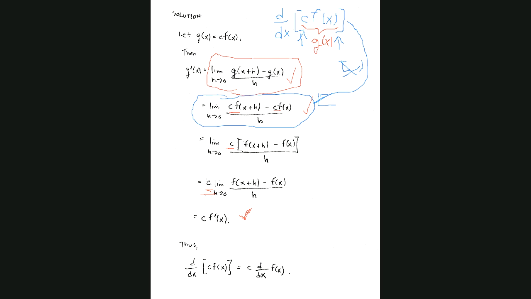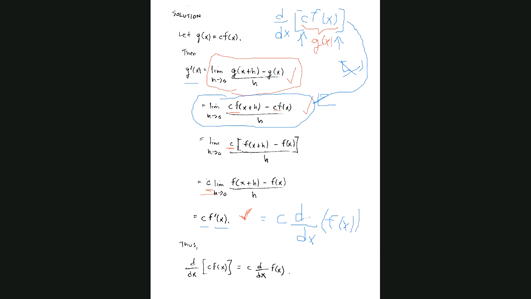Okay, excellent. And now g prime of x, which was the derivative of a constant times f of x with respect to x, equals the constant times f prime of x, right? Which is the same, by the way, as the constant times d/dx of f of x.